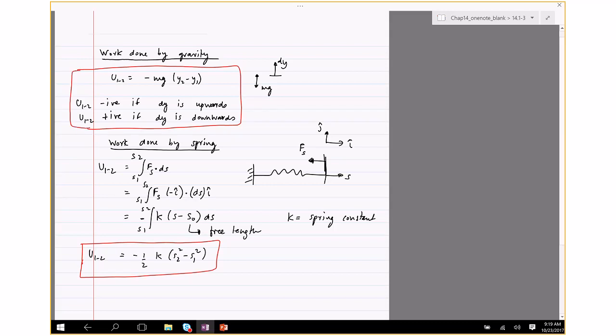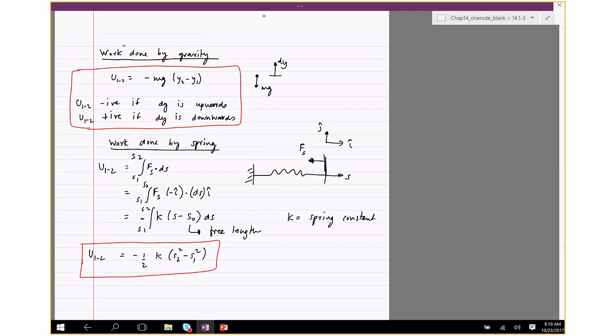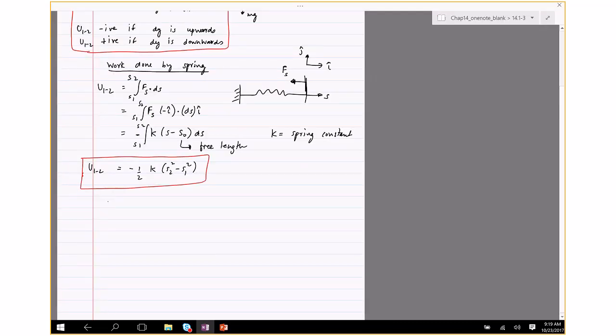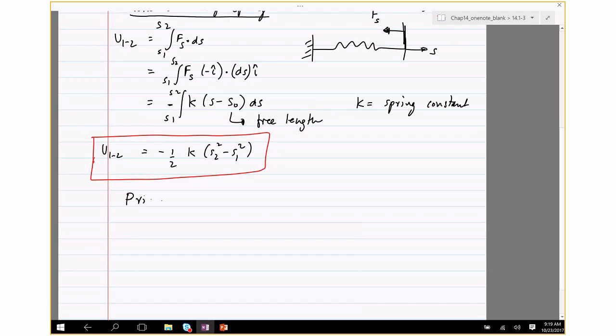Okay, so given that, I'm going to write down the principle of work energy, and this is something which we'll use in order to solve problems today. The principle of work energy says that net work done by a force equals the change in kinetic energy.